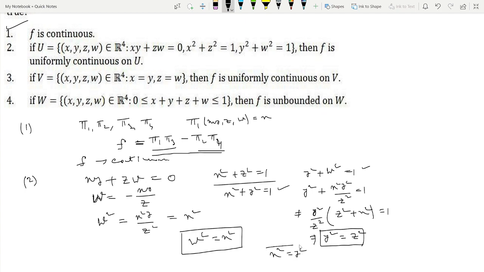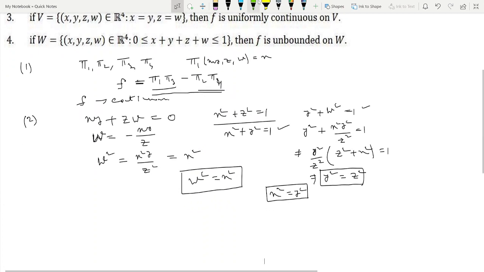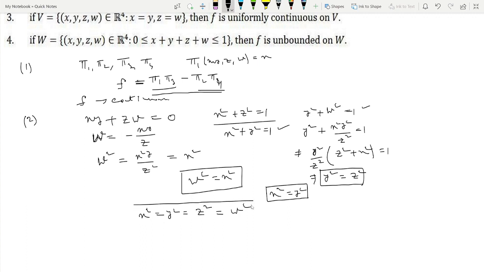So now in this situation, we have x square equal to y square equal to z square, and also x square equal to w square. So all these are the same.